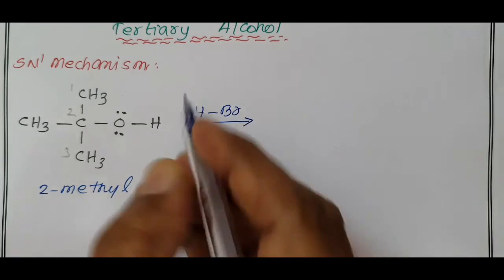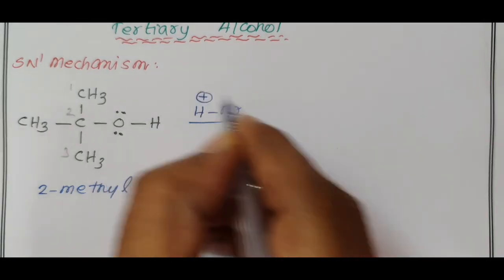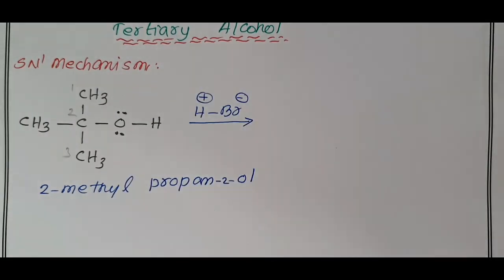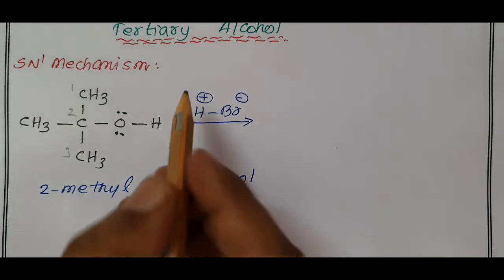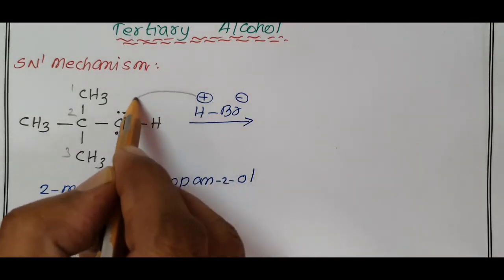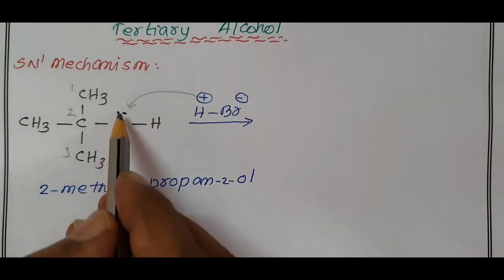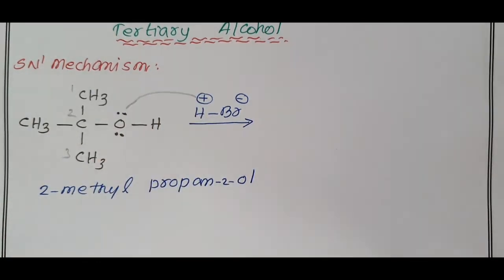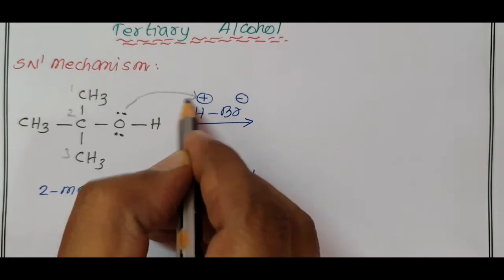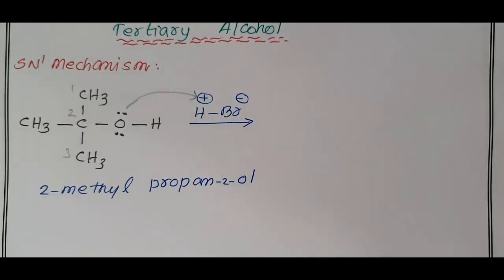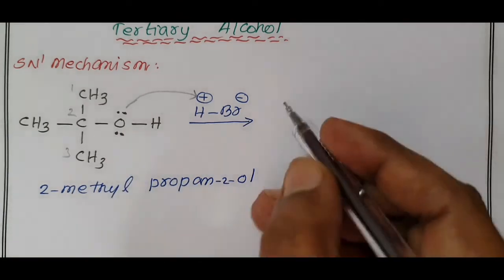When treated with hydrogen bromide, HBr, H becomes plus, Br becomes minus. What happens? Plus moves towards minus, oxygen donates a pair of electrons to H plus. Thereby a new bond is formed between oxygen and hydrogen.